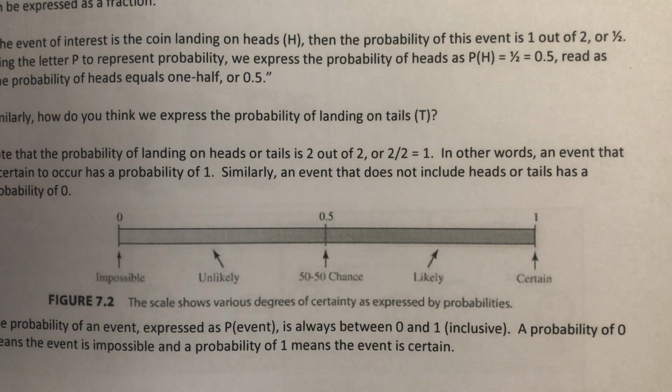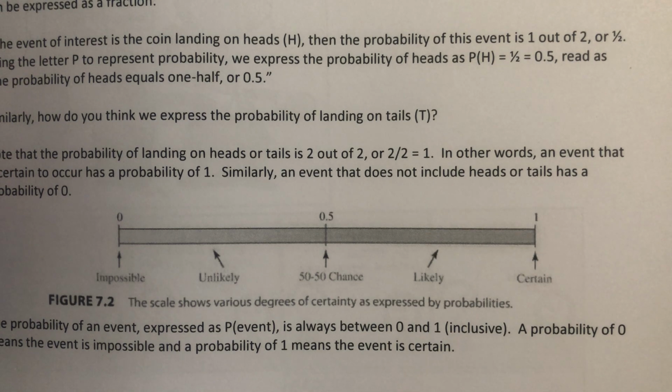If something is less than 50%, it's said to be unlikely to happen. 50-50, obviously, is half. Anything above 50% is likely, and the highest probability is 1 or 100%, and that means the thing must happen.